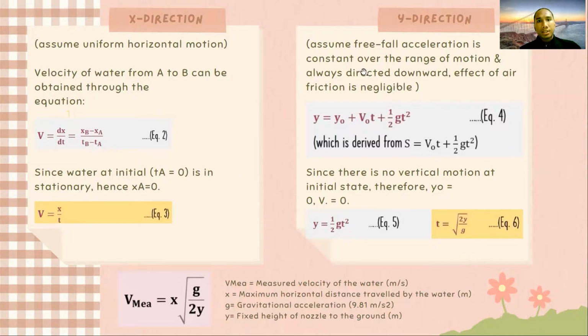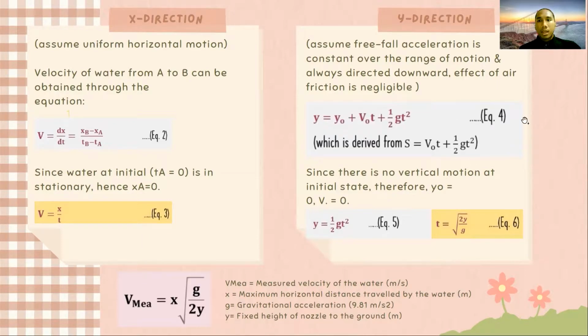Next, for the y direction, we can assume free fall acceleration is constant over the range of motion and always directed downward. The effect of air friction is negligible.